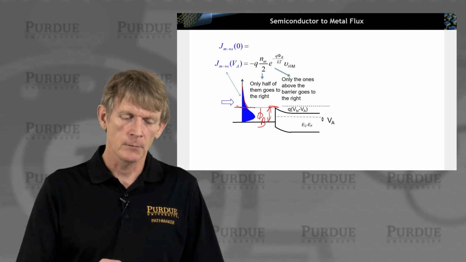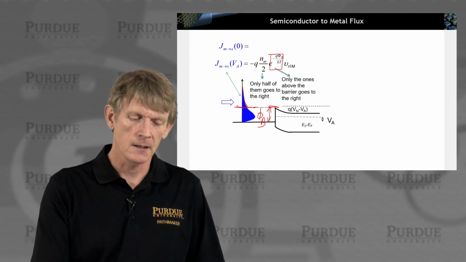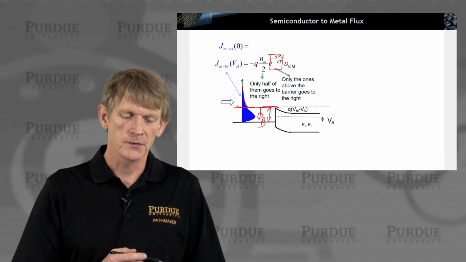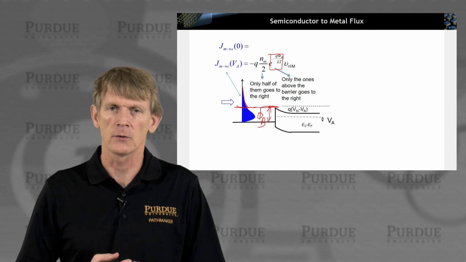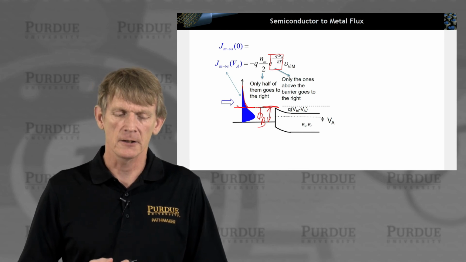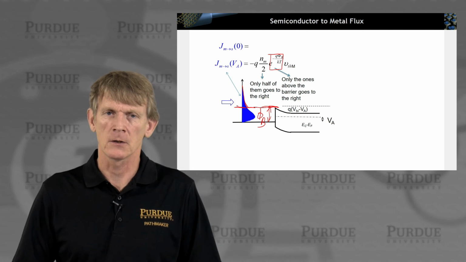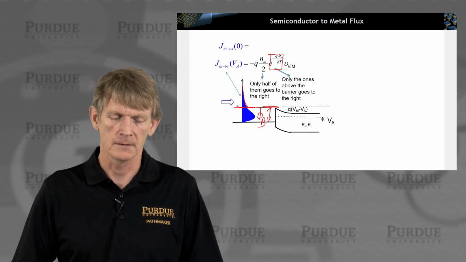So we multiply the available states by the Fermi distribution of carriers that are available above the barrier, and we are assuming that only half of them go to the left and the other half go to the right. So we're segmenting out the carrier distribution in the metal into a Fermi surface that can go to the left and a Fermi surface that can go to the right, or distribution of carriers that go left and go right.